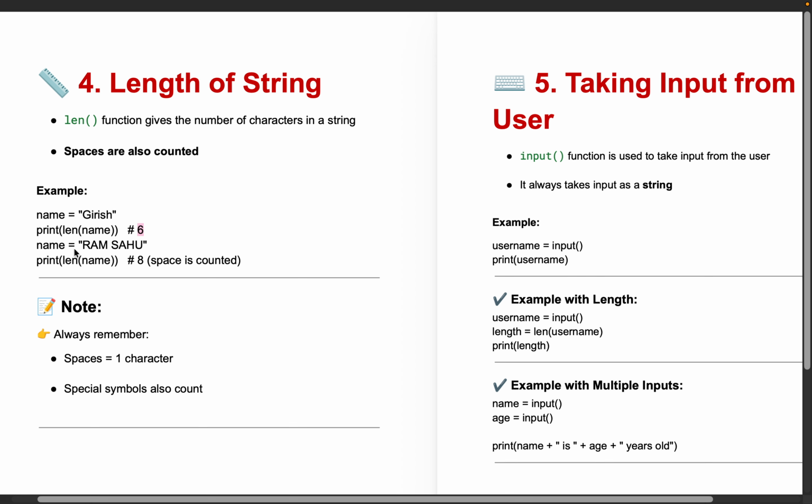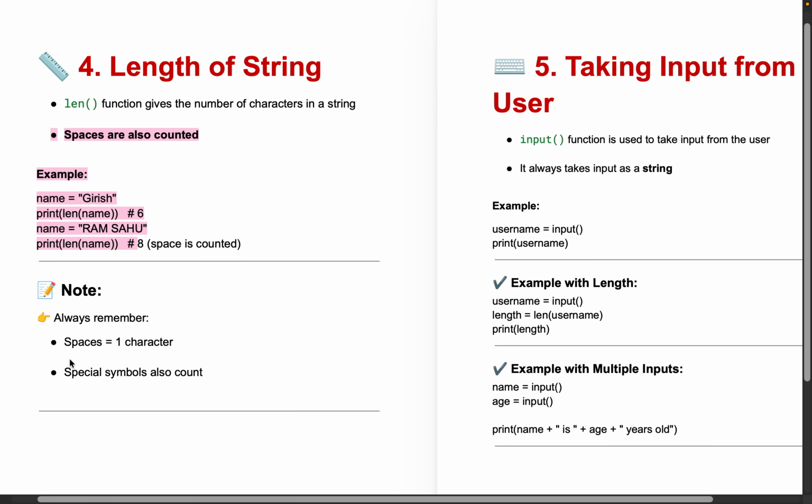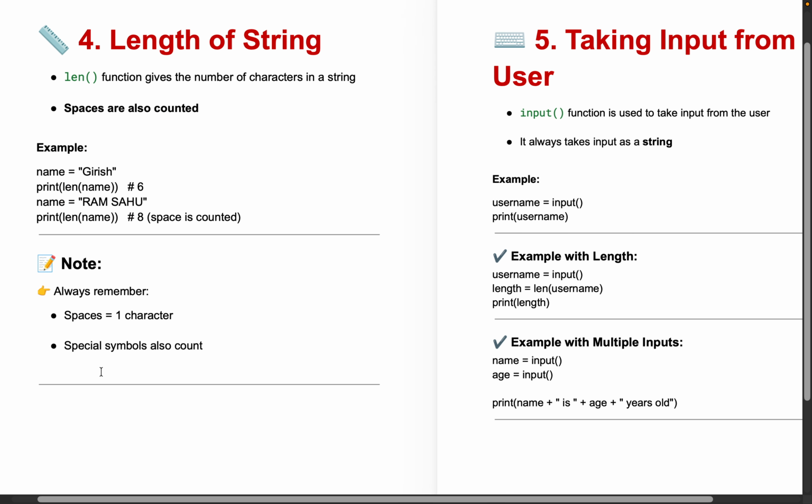Next example, Ram Sahu: 1 2 3, then you have to count the space, 4 5 6 7 8, so this gives 8 as output. A space equals one character; space symbols are also counted, all things in a string are counted.